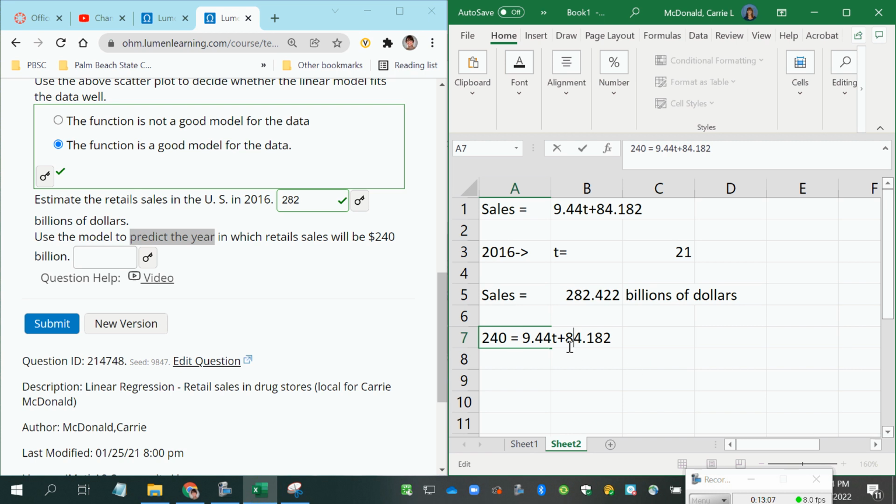So we're first going to subtract this number from both sides so that I'm going to get on the left 240 minus the 84.182. And then on the other side, I'm going to have just 9.44 times t, right? And then I have one more step to get t up all by itself. And since I'm doing 9.44 times t here, what I want to do is the opposite of multiplying and divide both sides of the equation by 9.44.